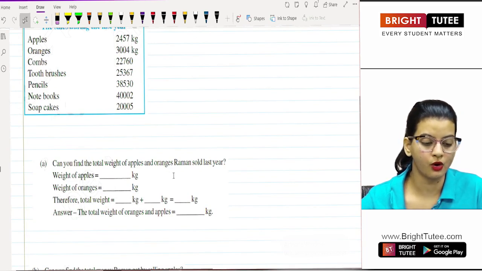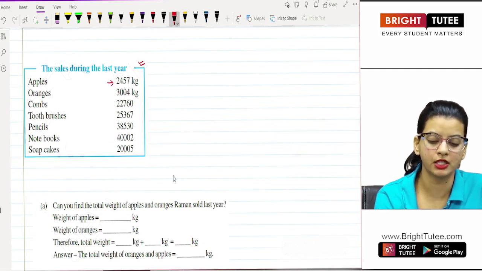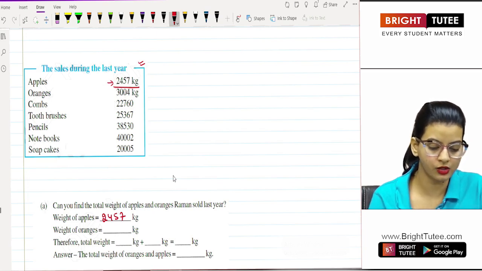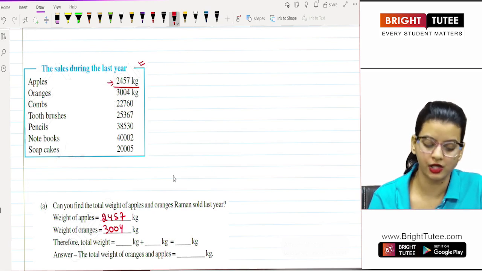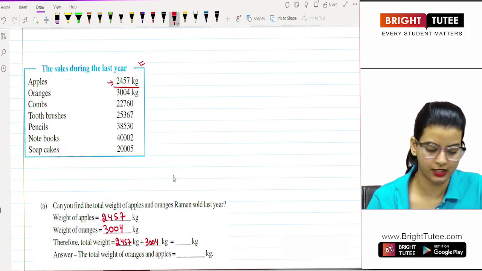Last year how many apples Raman sold? He sold 2457 kg of apples, and he sold 3004 kg of oranges. Now the total weight of apples and oranges that he sold is 2457 plus 3004 kg.